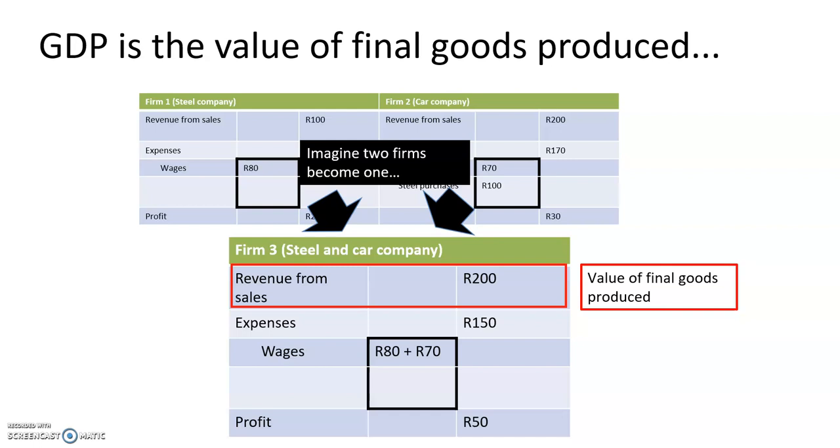So once we count the production of cars, we do not want to count the production of the goods that went into the production of these cars. And this motivates the first definition of GDP. The wages will be the 80 Rand and the 70 Rand for the workers, which equals 150 Rand, leaving Firm 3 with a profit of 50 Rand.